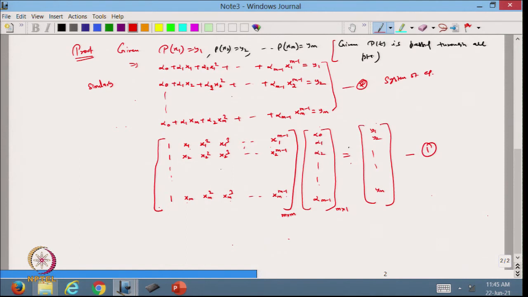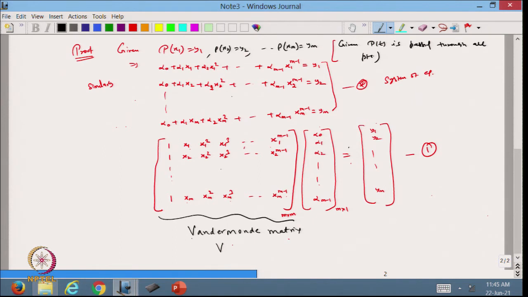Now if you see from here, this corresponding matrix has a special name, and that matrix is called the Vandermonde matrix, represented by V. It is just the matrix 1, x1, x1 square, like this one.